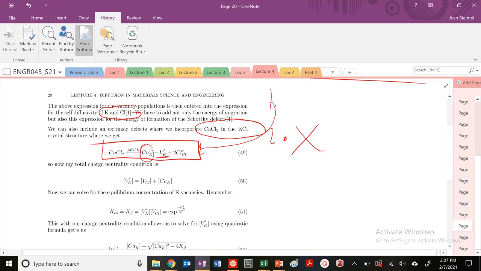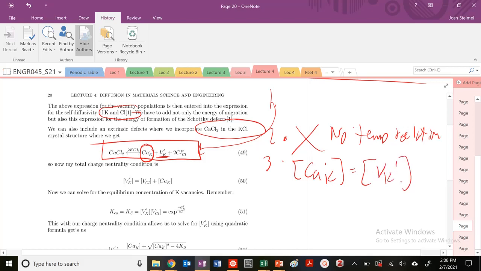We're creating this cation substitutional, and we are thus also creating this. So there is no temperature relationship because this is an extrinsic reaction. So no relationship with temperature, at least up to this point, to create the reaction. So it's just the energy that we're putting in. So in order to create our charge neutrality here, it's just going to be that our Ca must be equal to this.